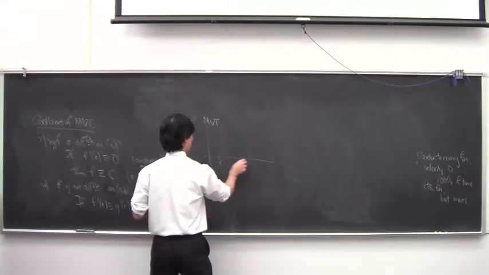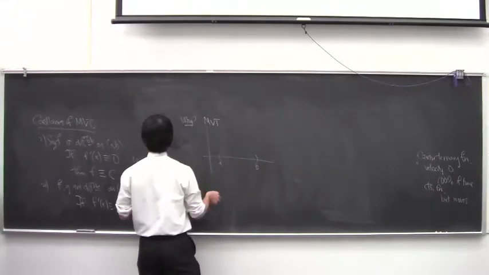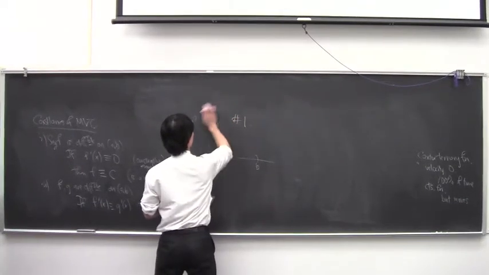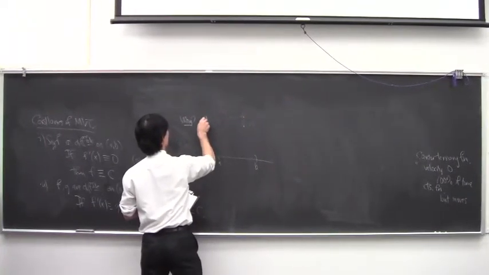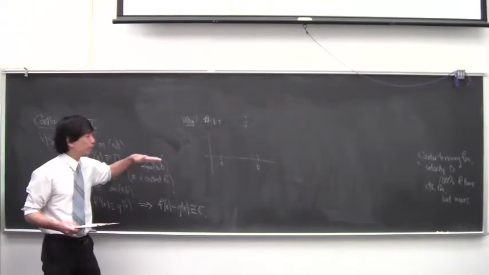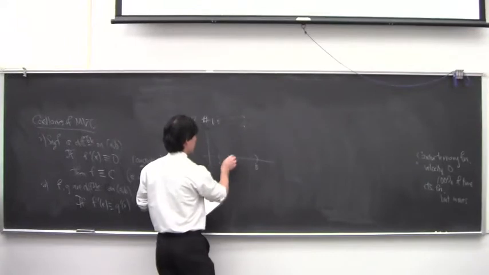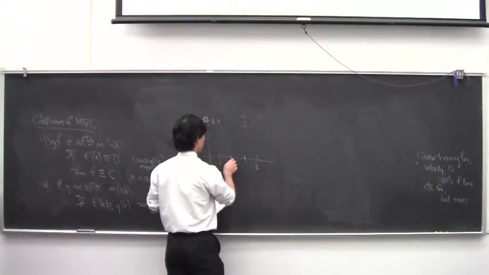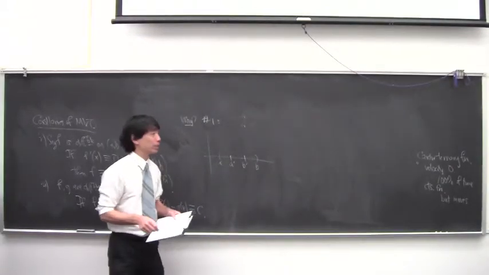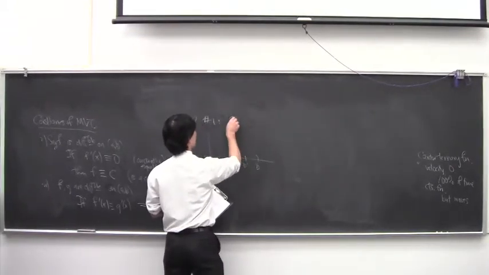Here's A. Here is B. Let's do number 1. So let's pick any 2 points. Let's call them A prime and B prime. Pick any 2 points, A prime and B prime.